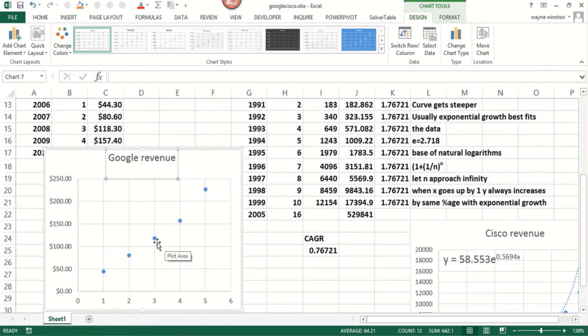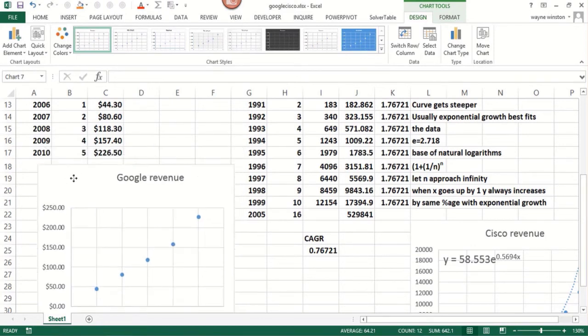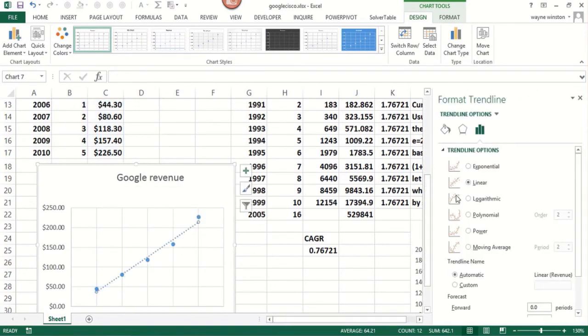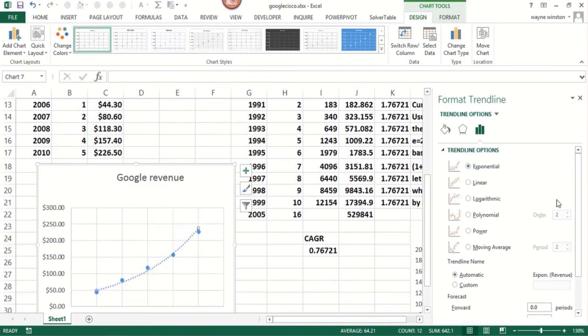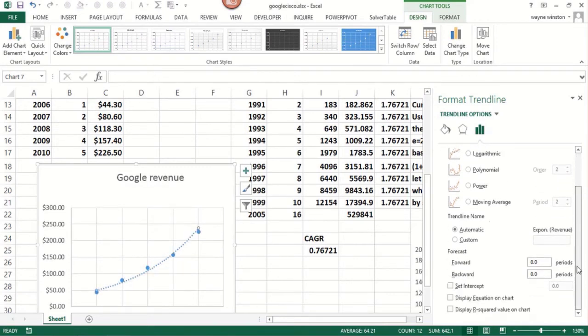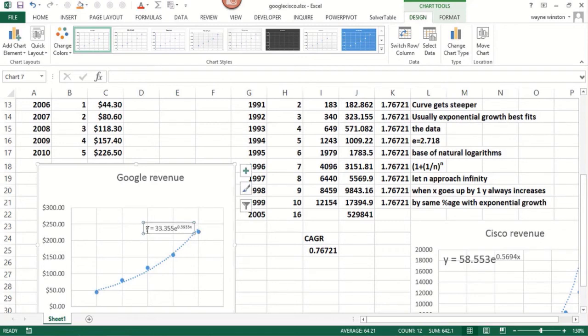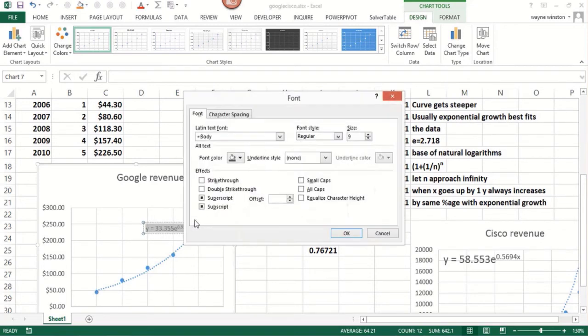Okay, so if I try and fit exponential growth here, I right-click, add trendline, exponential, display equation. Now make this a little bigger, Ctrl+1, let's say 16.